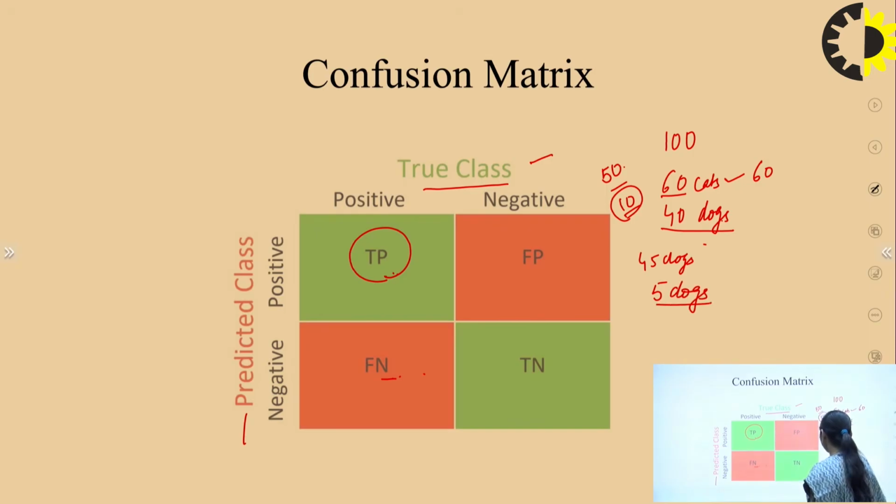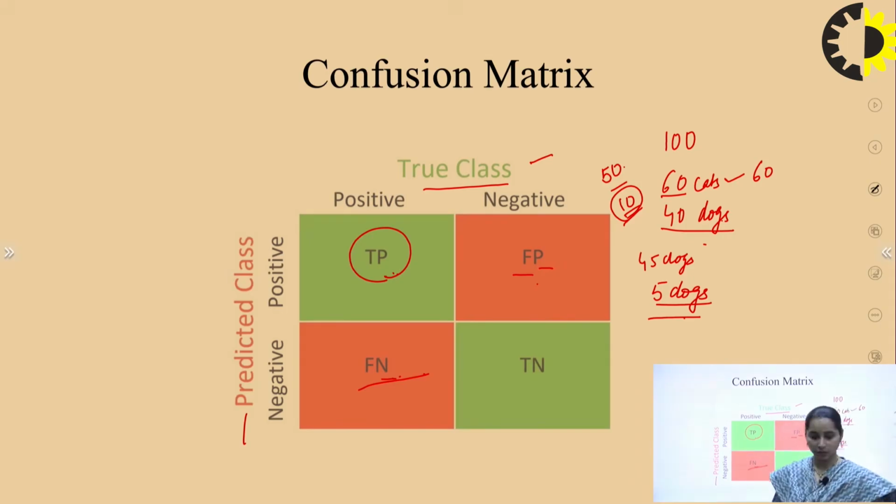They were not there, but they have been detected. So the 5 dogs here are false positive, and the 10 cats, which should have been detected but were not, are a negative value. That is called false negative.